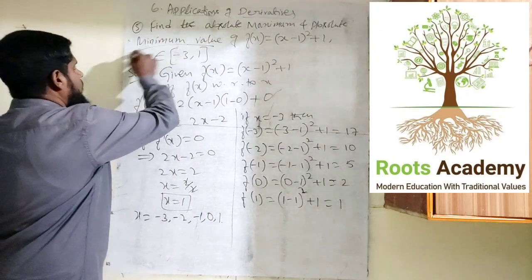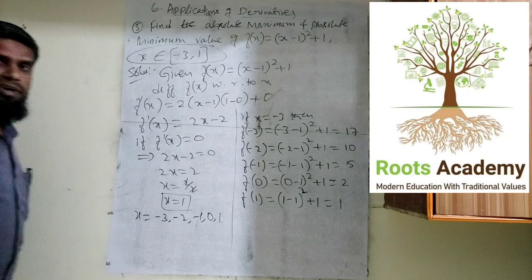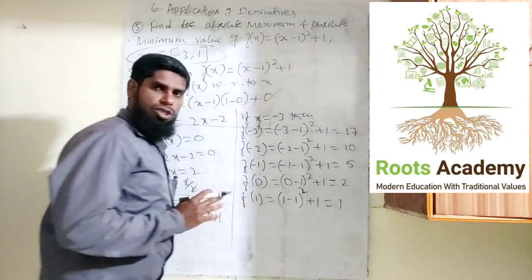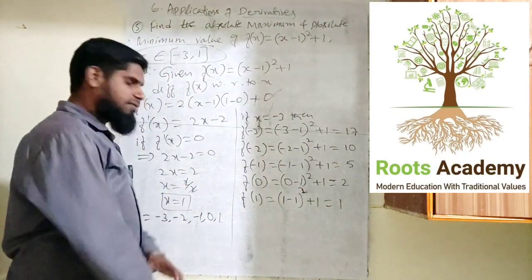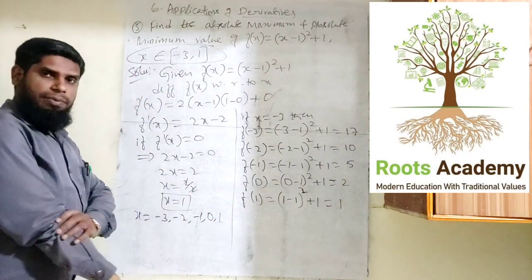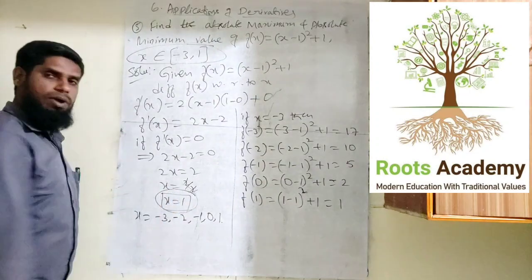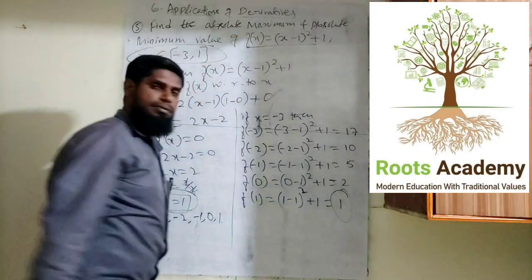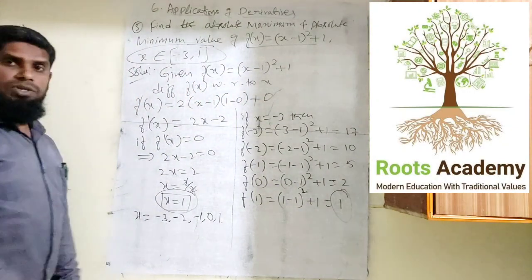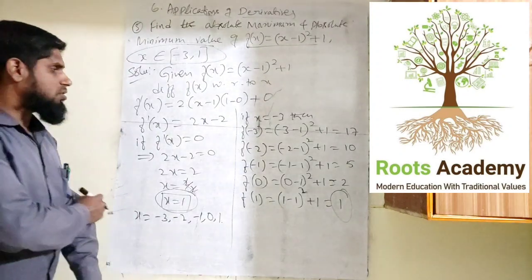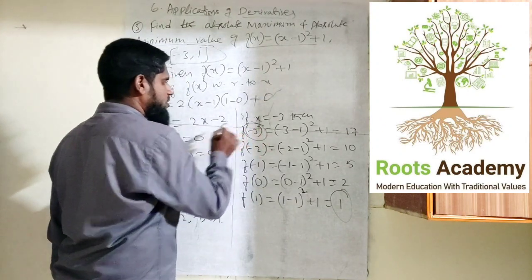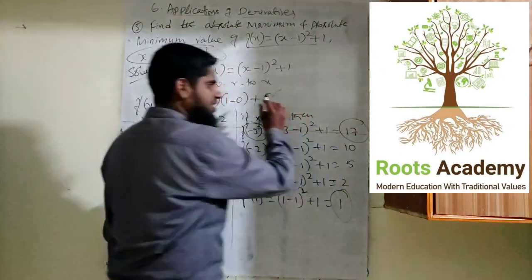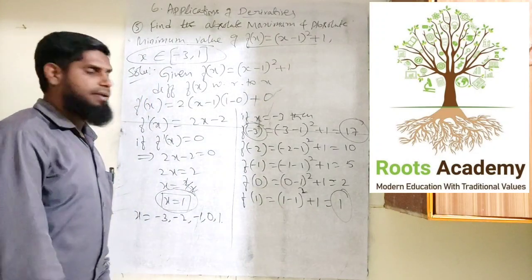Now for all values of x, if it is a natural number or integer, then the given function is minimum. The absolute minimum of the function is at x is equals to 1, and the minimum value of this particular function is 1. What is the absolute maximum of the function? The absolute maximum of the function is at minus 3, and the absolute maximum value of the function is 17.